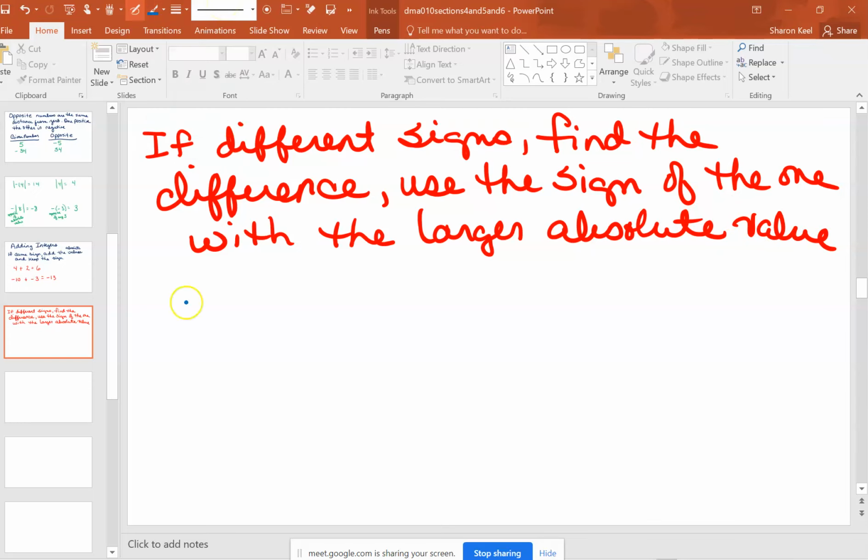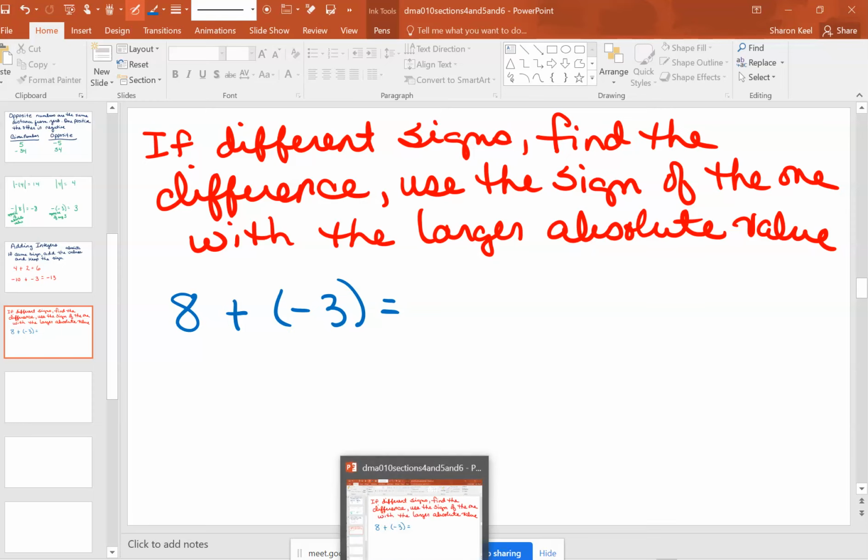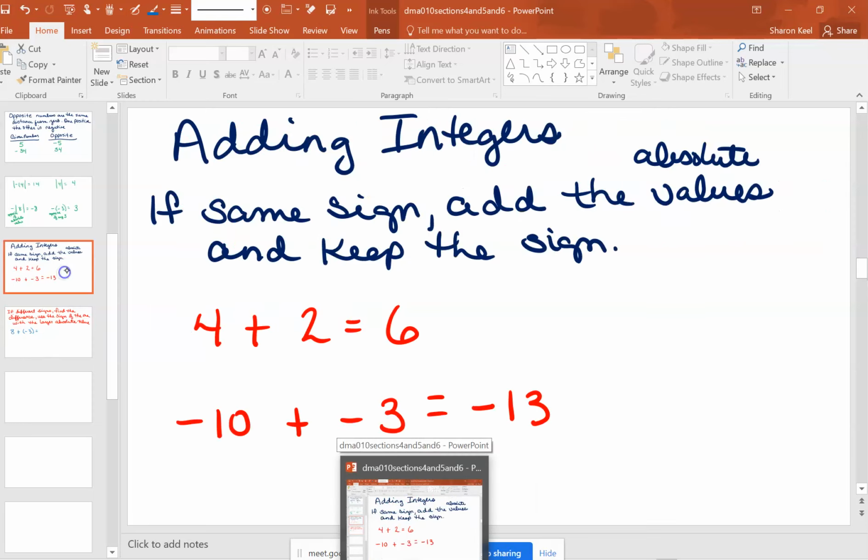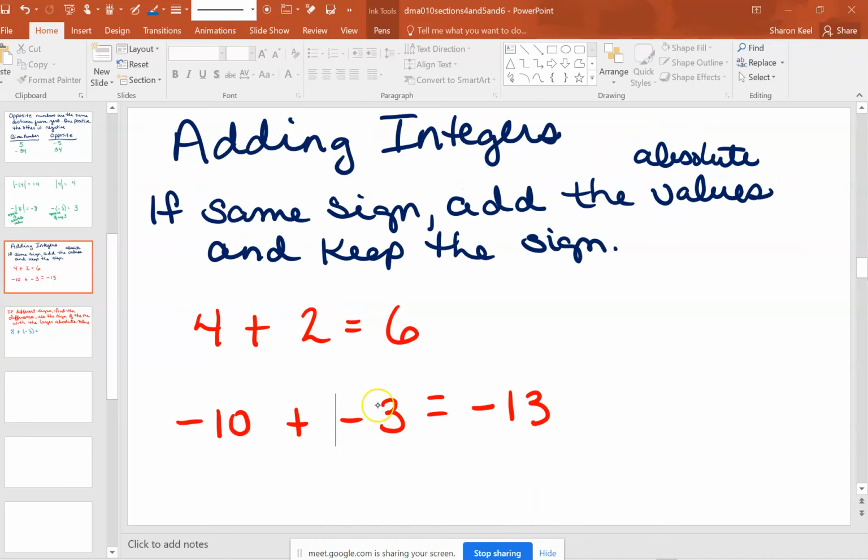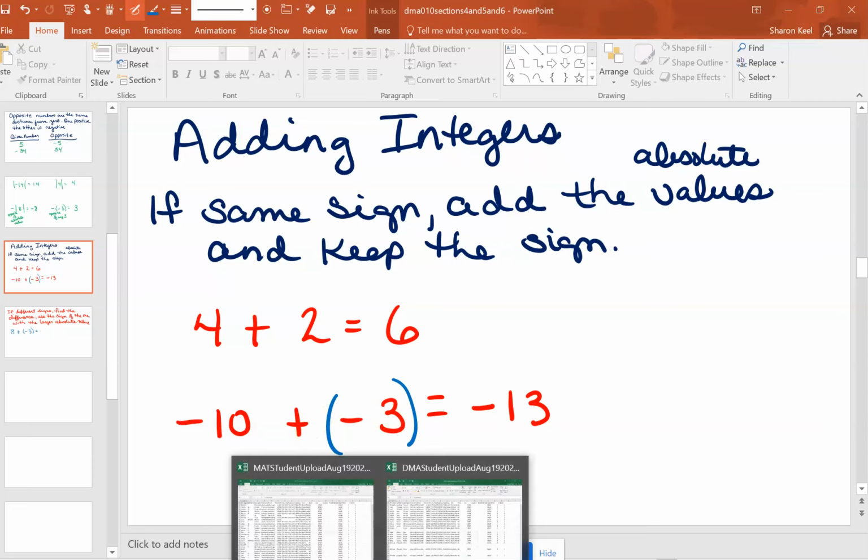So if we do these longhand, and let's say I have 8 plus -3. Now, when we handwrite problems and we are adding, and if the second number is a negative, you're often going to find, and actually I should have wrote it on this one and I didn't, a parenthesis around it, because a moment ago, remember on the computer we can't do the plus and the minus side by side.